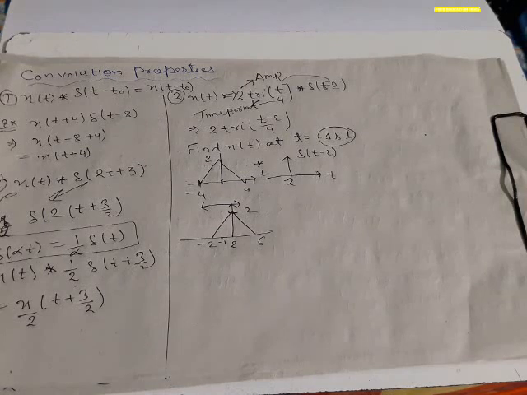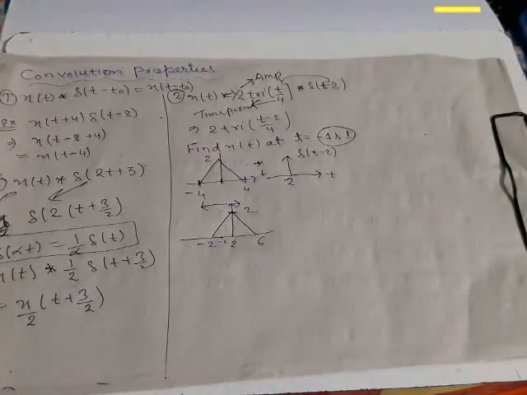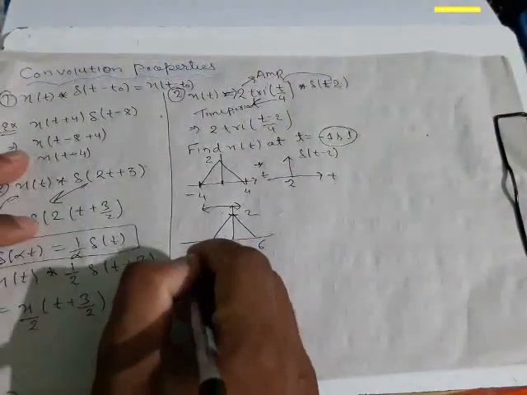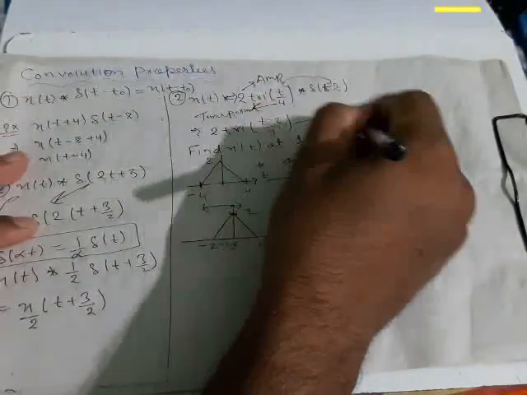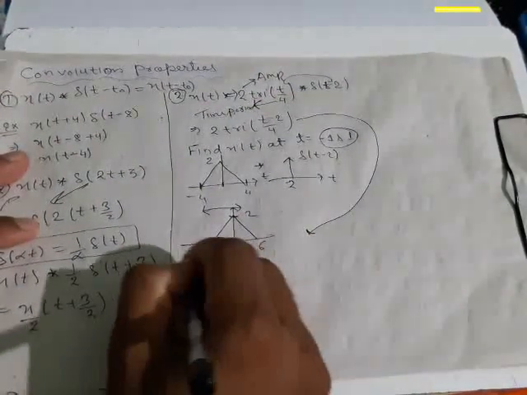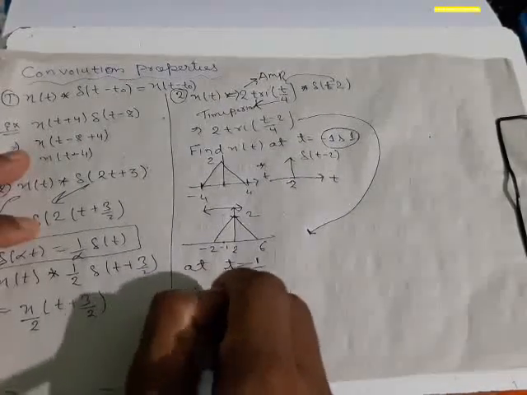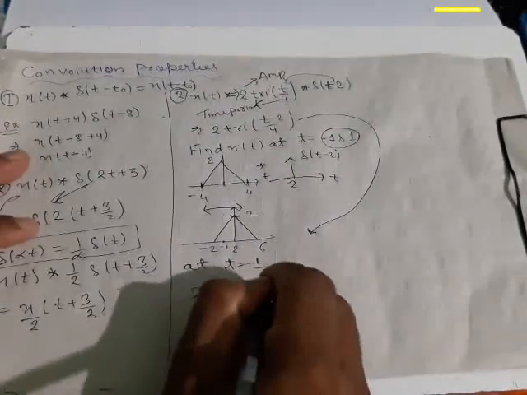It is actually multiplication, so it is nothing but exponential minus (t minus 1) into u of (t minus 1), that is for 0 to 1 now, same into delta of t minus 1. That means exponential minus (t minus 1) into delta of t minus 1.